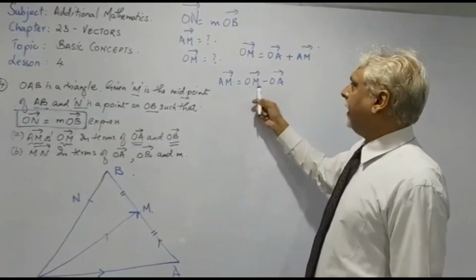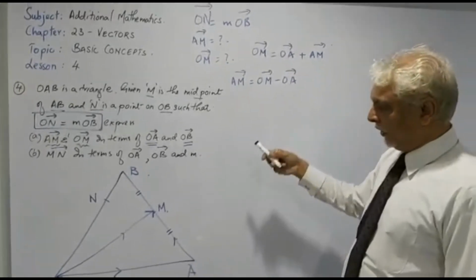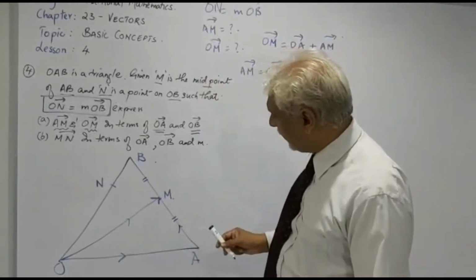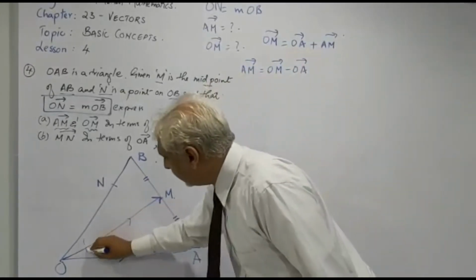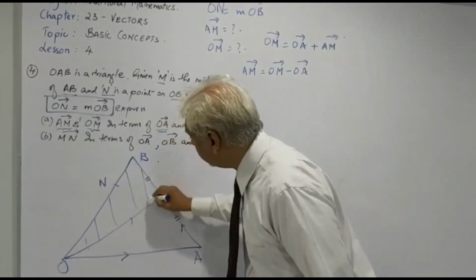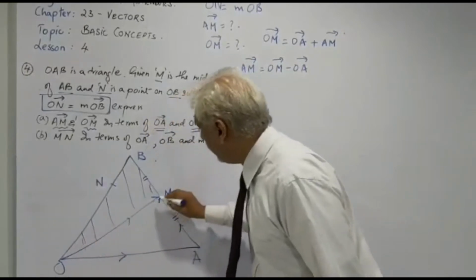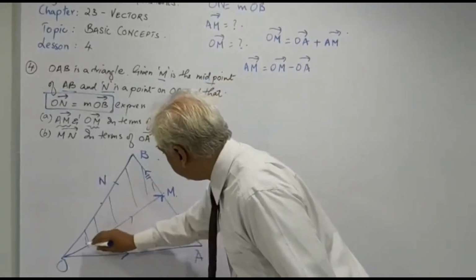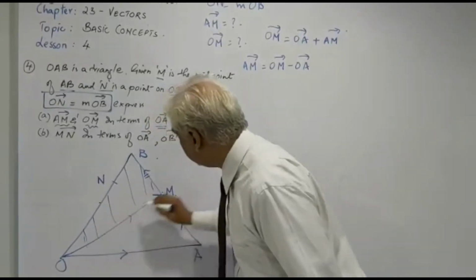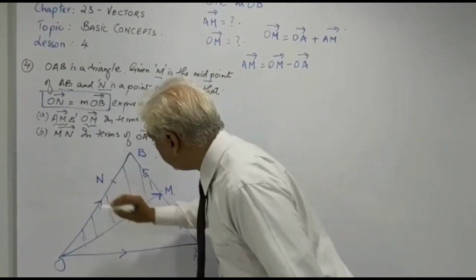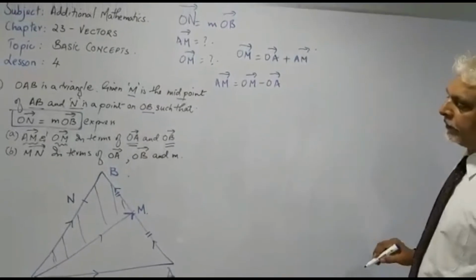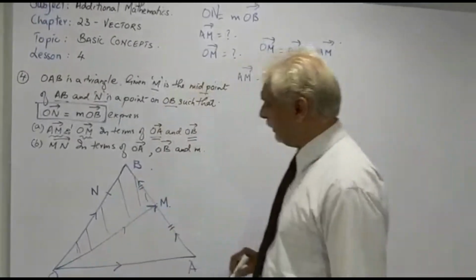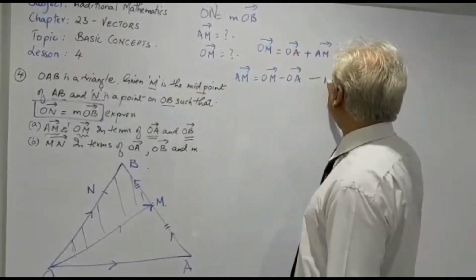Now what is OM equal to? Now we have to convert OM into OB. Looking at this triangle, we have OM and then MB, and when we add these we get the resultant OB. Let's say this is equation number 1.